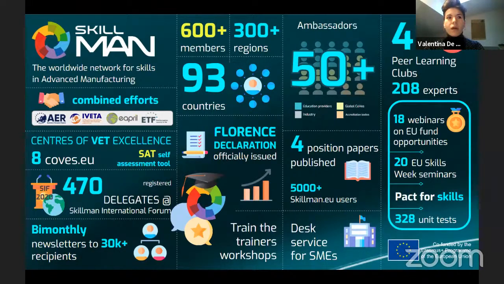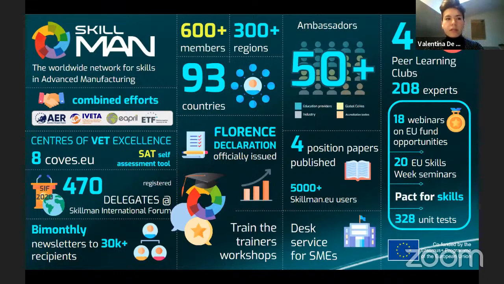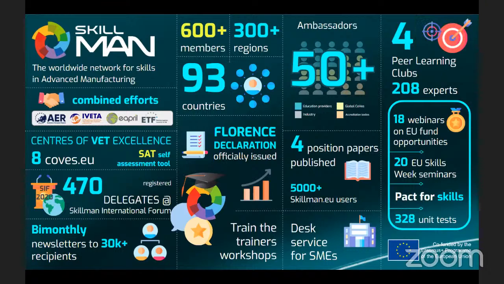Last year, in 2020, we created 4 peer learning clubs, those focus groups of 208 experts. And with them, we published 4 position papers, all revolving around TVET topics. We have been implementing a lot of activities and a lot of events, of which 18 webinars on EU funding opportunities.